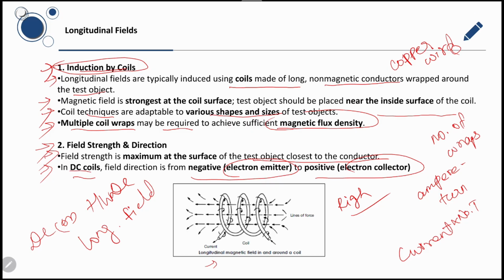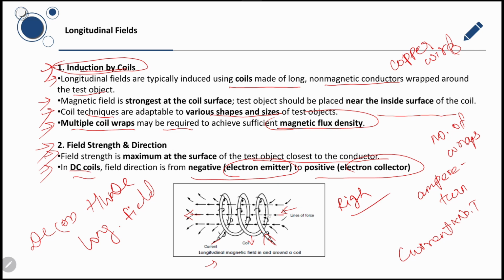In this picture, when the electric current flows through a coil, this is a coil, through a coil wire wound in loops, it creates a magnetic field. The magnetic lines of force, these are the lines of force along the length of the coil.